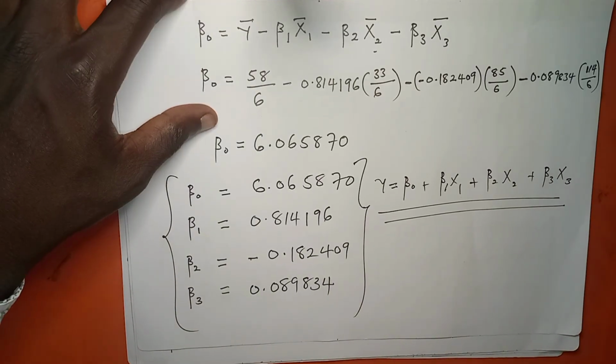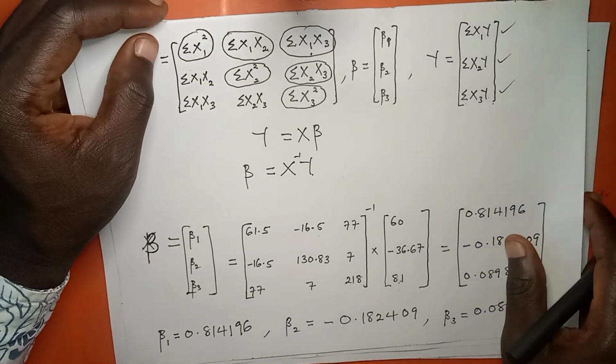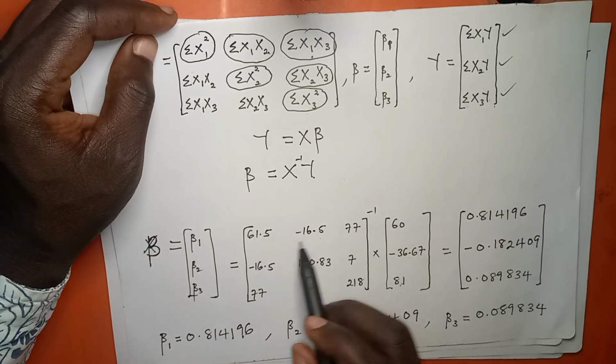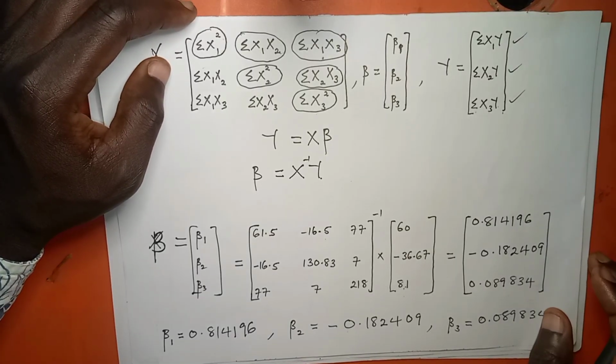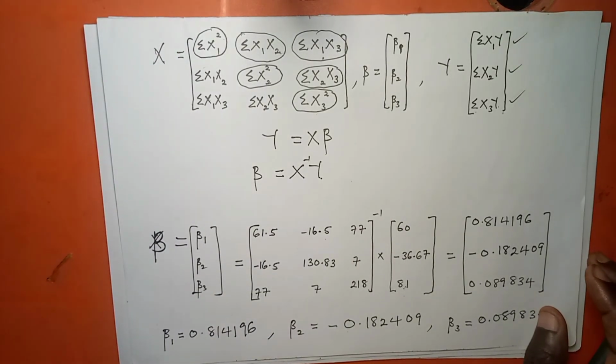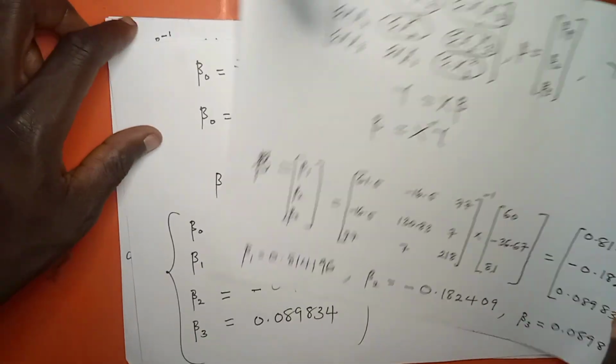Sorry, if you don't know how the inverse matrices here are calculated manually, you can ask me in the comment section below, and I'm going to upload a video on how to calculate exactly these inverse matrices.